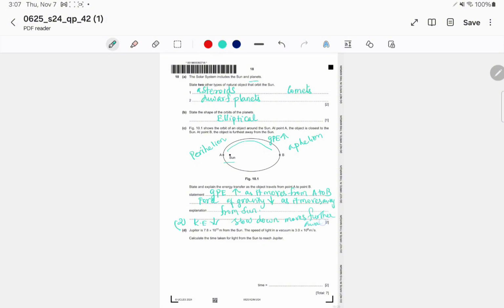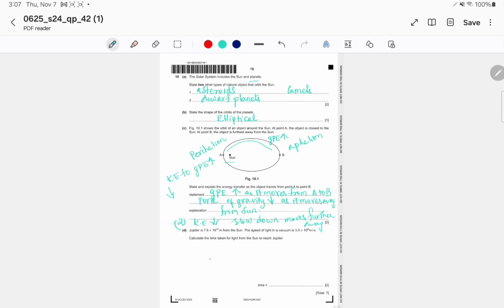These are the reasons. Therefore, finally, you can conclude that the energy transfer is from kinetic energy to GPE. GPE is increasing as it moves, the force of gravity is reduced, and the kinetic energy is getting decreased.